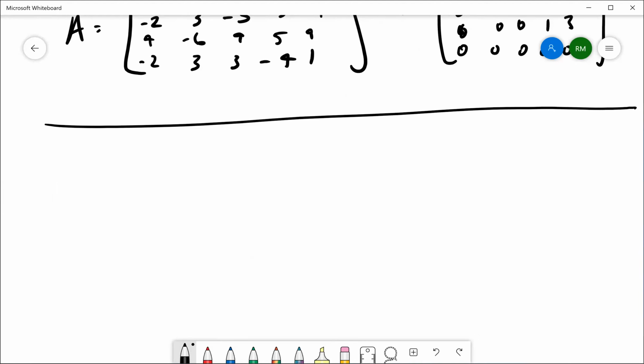And this is a theorem that you've seen before, but we need to define two things before we go.